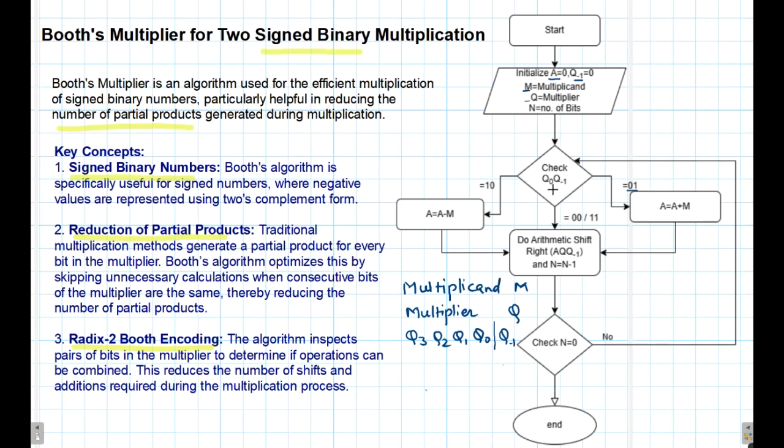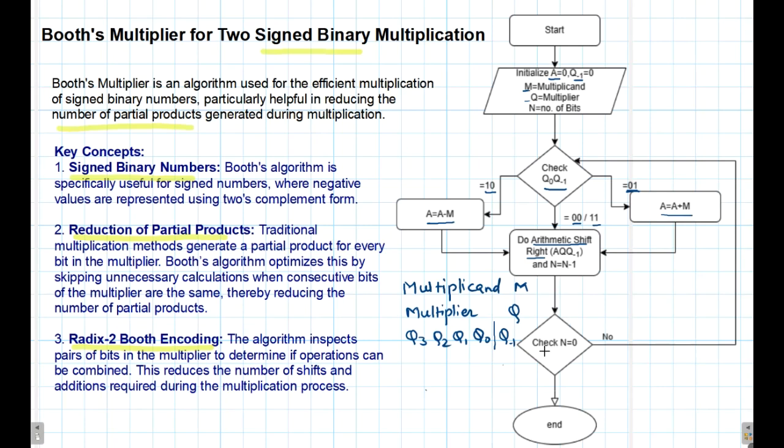As we proceed further, we are going to check the values of Q0 and Q minus 1. If the value is 0, 1, we perform the operation A equals A plus M. If the value is 1, 0, we perform A equals A minus M. If the value is 0, 0 or 1, 1, we perform an arithmetic shift right operation. Then we decrement the value of n, which represents the number of iterations remaining.